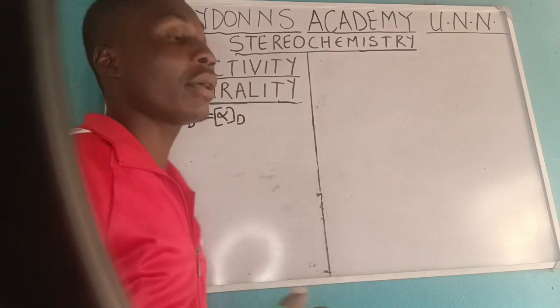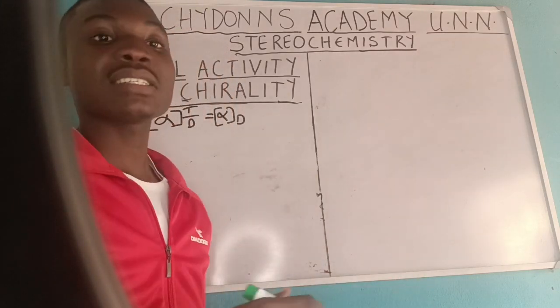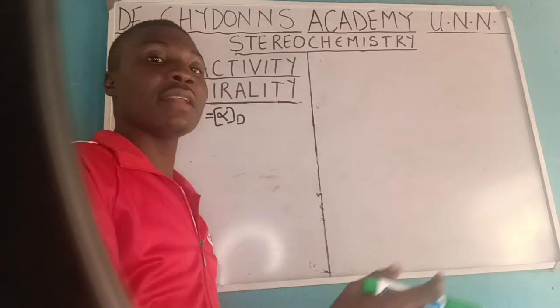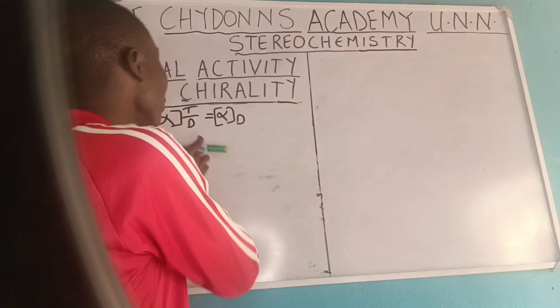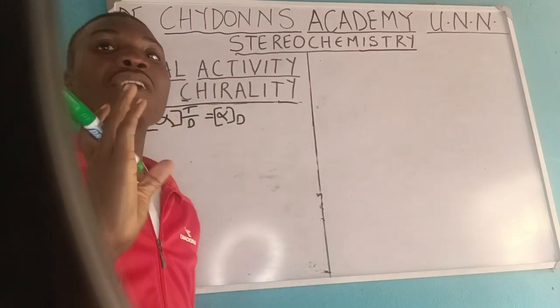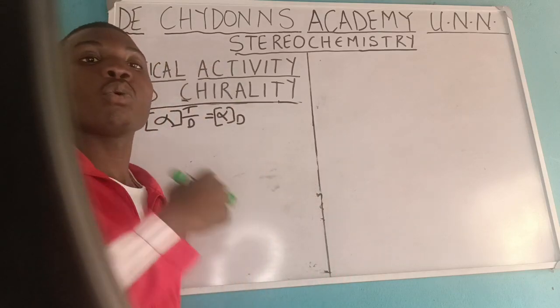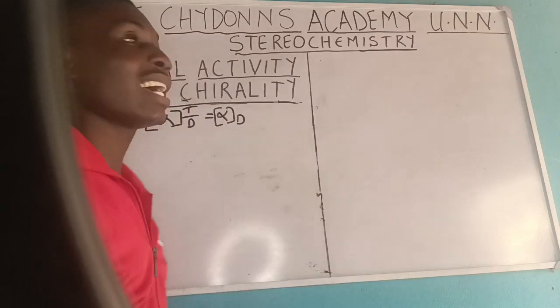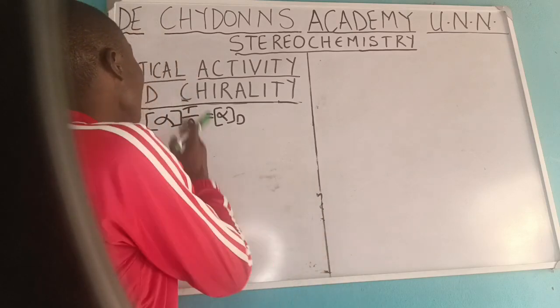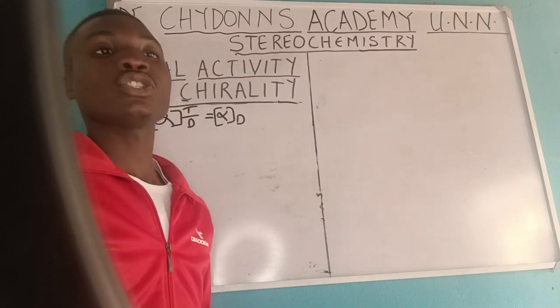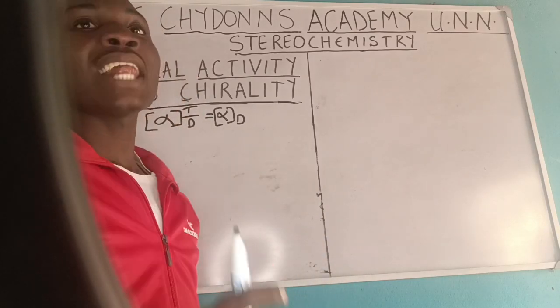Just like every compound has its melting point, its refractive index, its boiling point, and so forth, specific rotation is a unique property of every chemical compound that expresses optical activity when you pass polarized light through it. Specific optical rotation is usually measured using a sodium light.